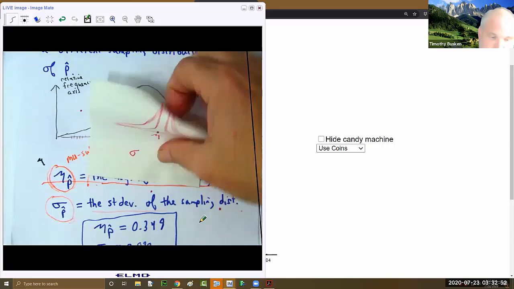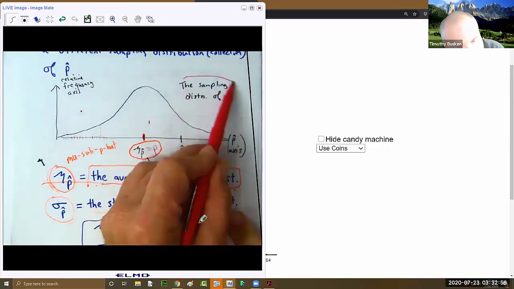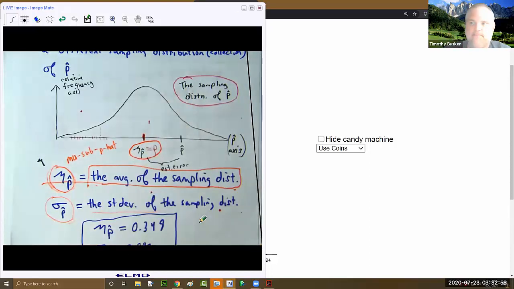But when it comes time to examine the sampling distribution of p hat, the value of p hat is now a random variable. When I go out and get a sample, I'm going to get a different value of p hat in almost every sample, because of sampling variability.